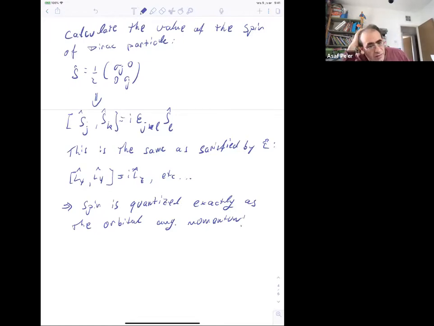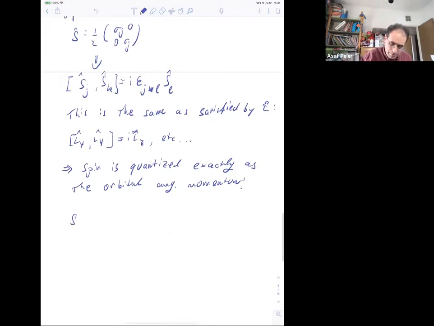So in particular, the eigenvalues of S squared, right? So S squared is Sx squared plus Sy squared plus Sz squared. So the eigenvalues, what are they equal to?